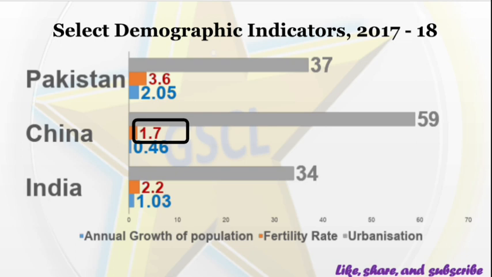Now, Chinese people can have 3 children. This change in norm was to avoid the drastic situation of having only aged people in future, as well as to improve the sex ratio. And India's fertility rate was 2.2.